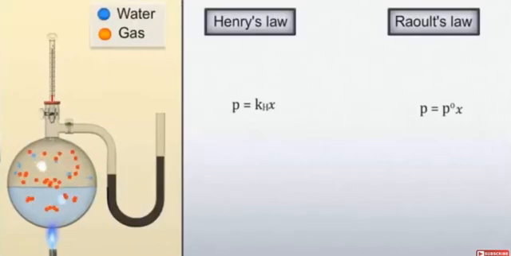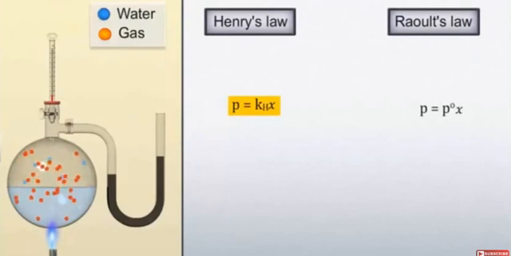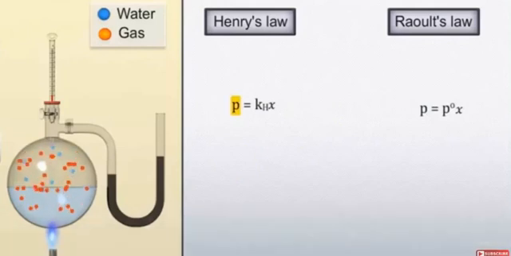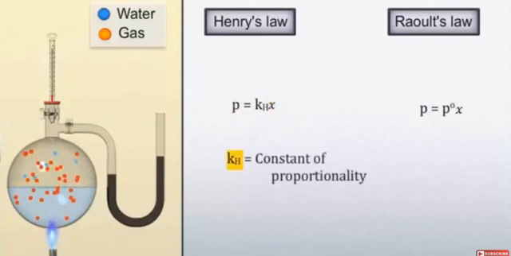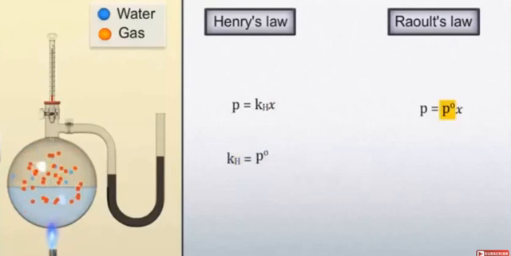P is equal to KH X. As can be seen from the equation, the partial pressure P of the highly volatile component or gas is directly proportional to the mole fraction X, and KH is the constant of proportionality which can be equated to P naught. In other words, we can say that Raoult's law is a special case of Henry's law.